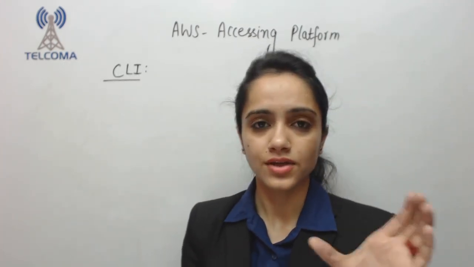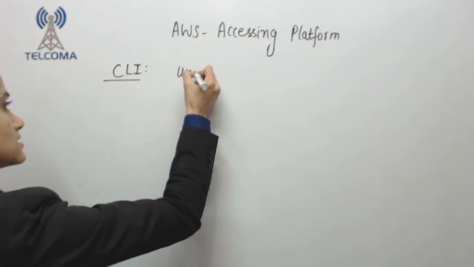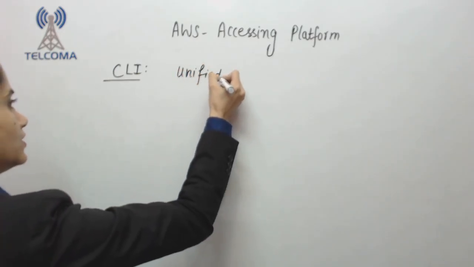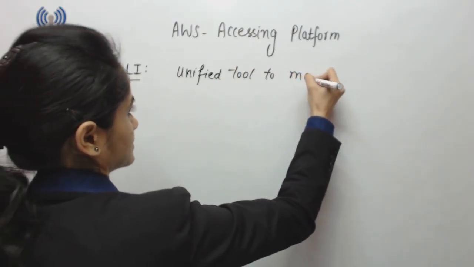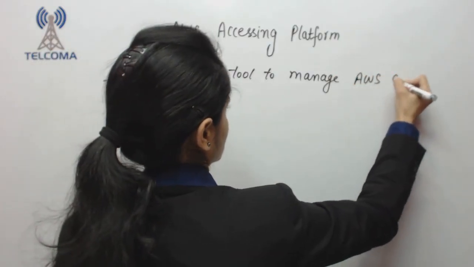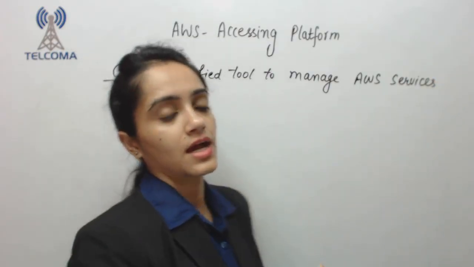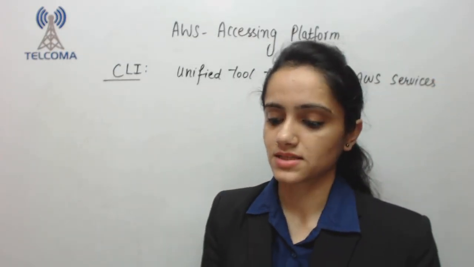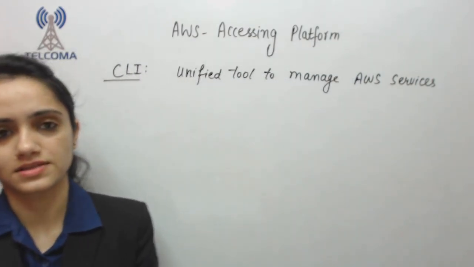Now this is a unified tool. This is basically a unified tool to manage AWS cloud services. That means we can manage the complete set of services with the help of this tool, and the tool is the command line interface.